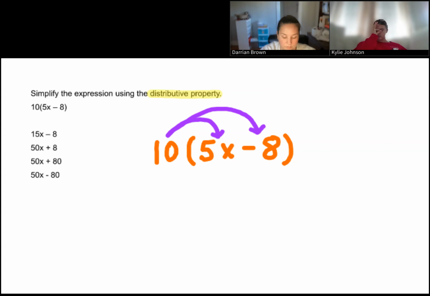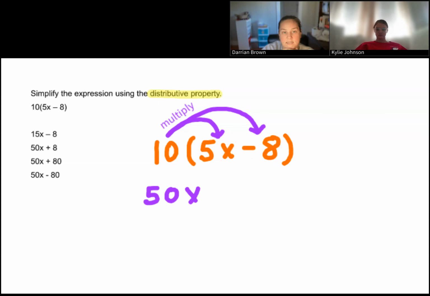I'm going to make myself a little note that says multiply, and then you guys tell me what you get. What is 10 times 5? 50. Good job. And since there's an x there, we keep that. So 10 times 5x is 50x.